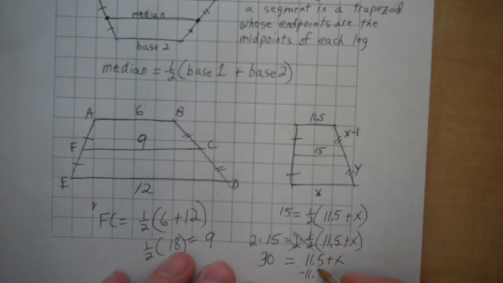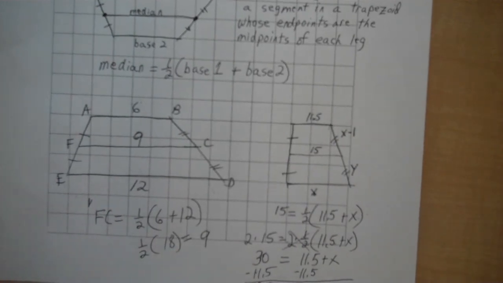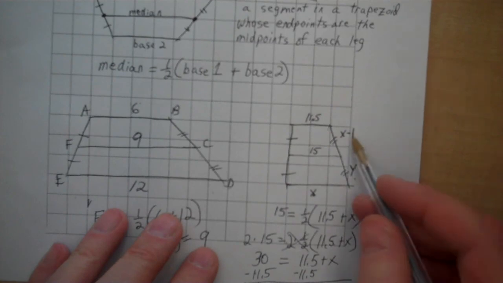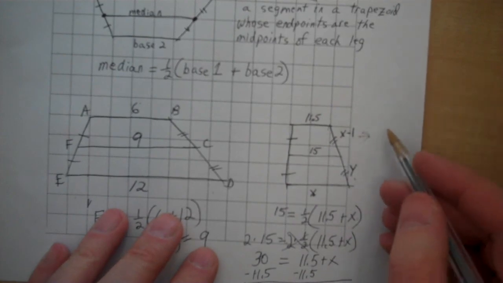And if I subtract 11.5 from both sides, I'll get my value of x. Now I know 30 minus 11 is 19. 30 minus 12 is 18. 30 minus 11.5 must be somewhere between 18 and 19, and I'll bet it's exactly halfway there. So x is 18.5.